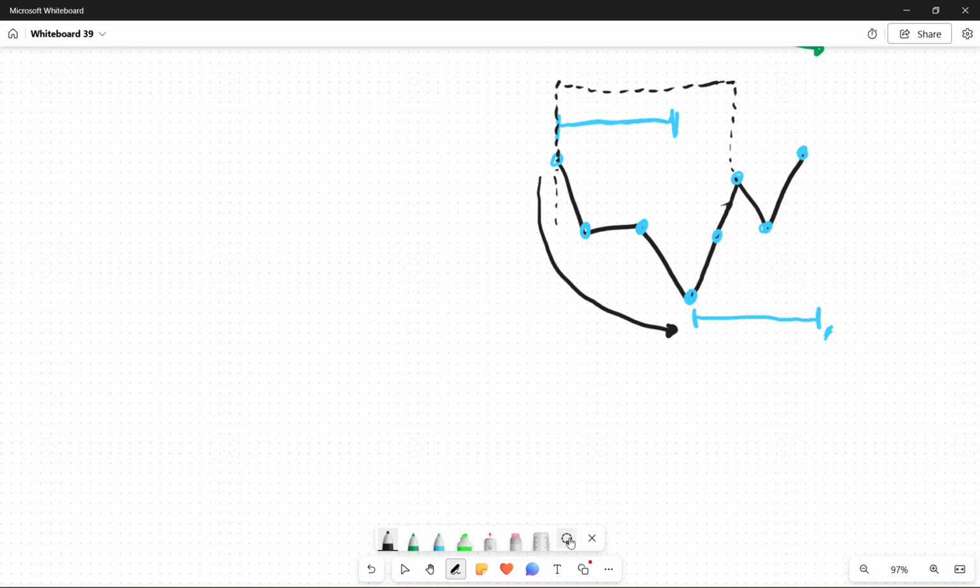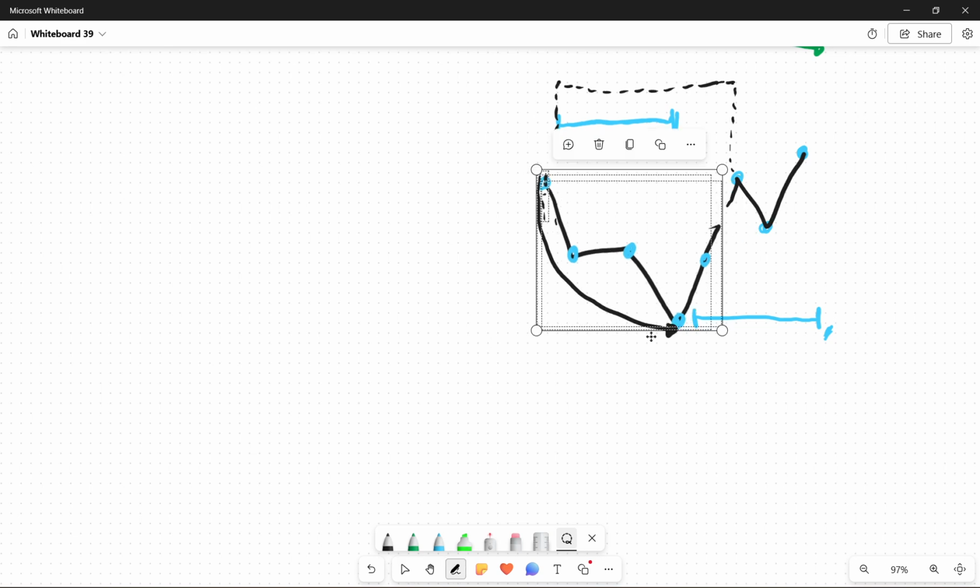Okay, let me see if I can simulate this or not. I think I can. So this part will go down like this till here. So we want to make this element, so this element is also drifting downwards.